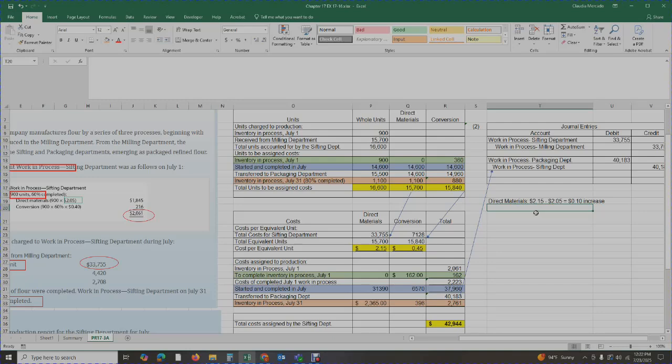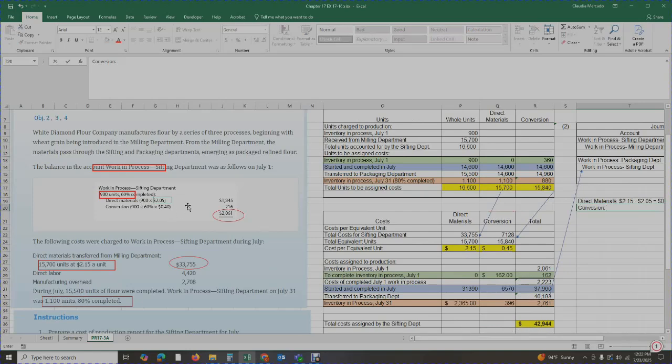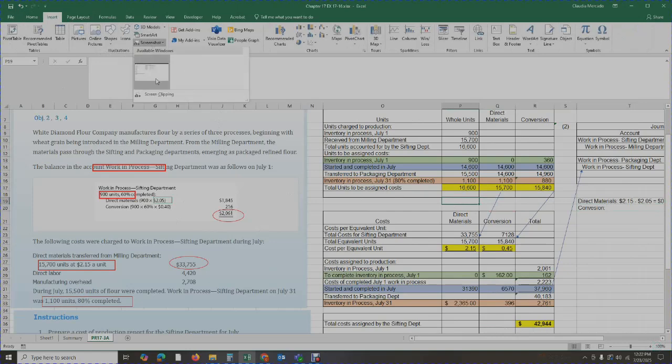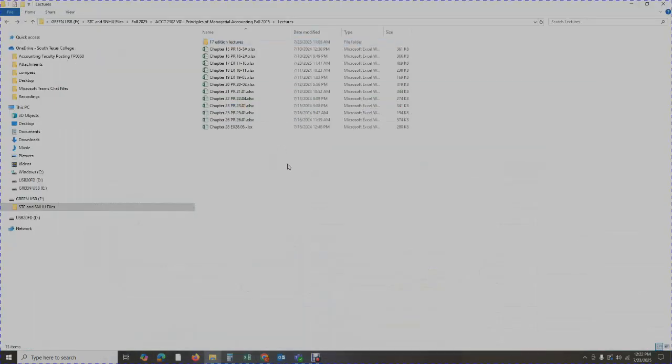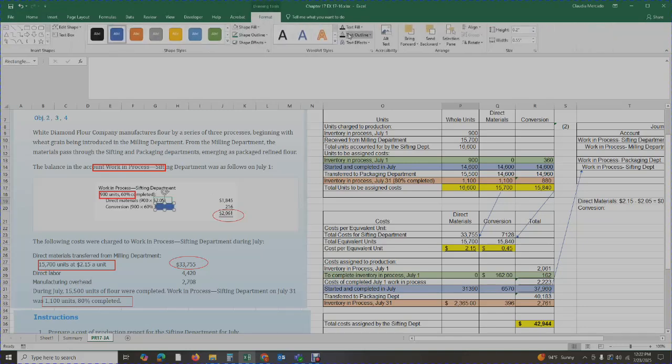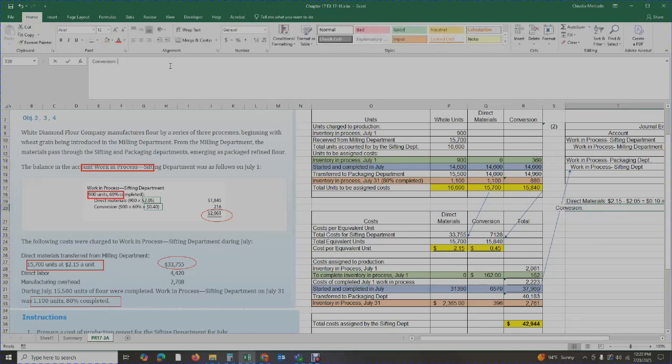Okay, we're going to do the same thing for conversion. If we look at our data, my conversion cost is 40 cents. So for my conversion, I was given 40 cents.